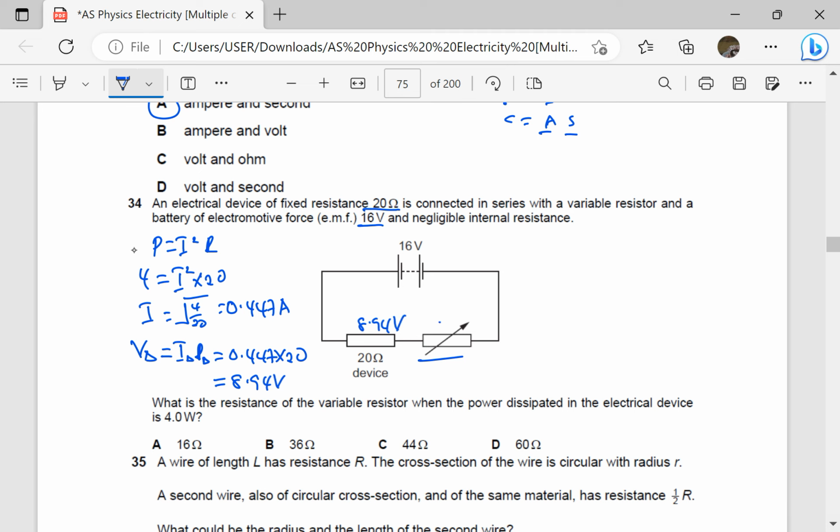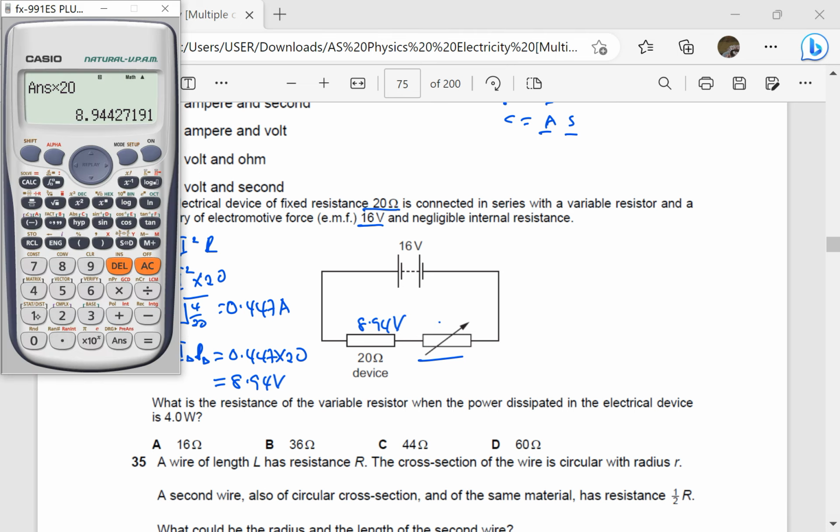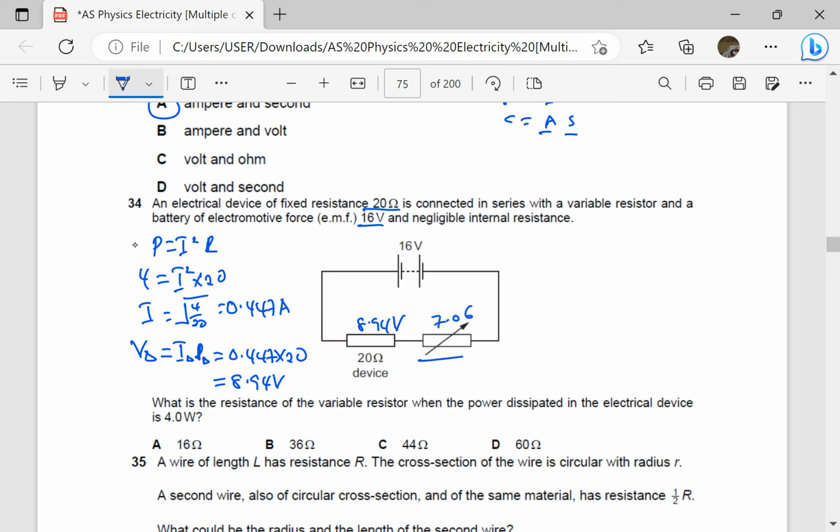This means the PD across the variable resistor is 16 minus 8.94, which is 7.06 volts.